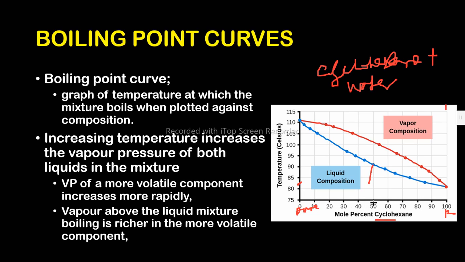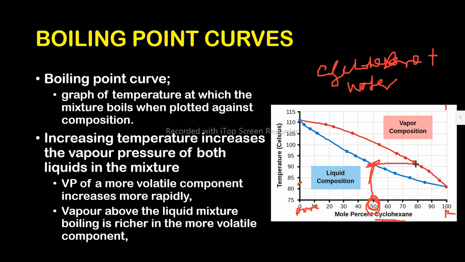For instance, if we boil our liquid mixture that contains 50% of water and 50% cyclohexane, the mixture is going to boil at this temperature, giving off a vapor pressure that is equivalent to this.